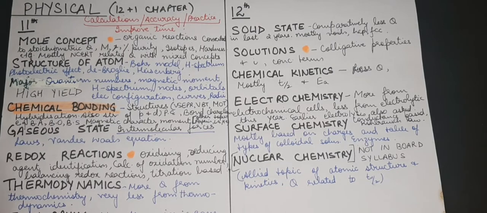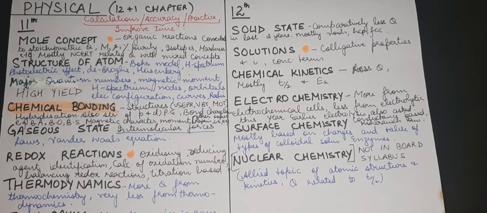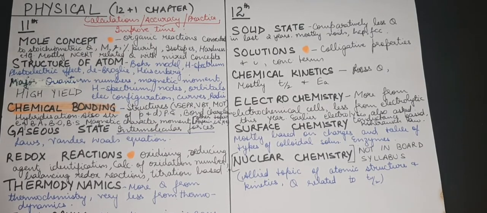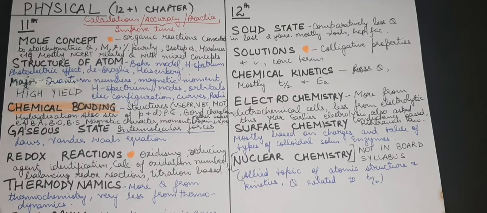Now, equilibrium. In previous years there used to be high yield questions from chemical equilibrium, but in the last 2 years I've observed more questions have been asked from ionic equilibrium than chemical equilibrium. And ionic equilibrium is a chapter which needs a lot of practice. So if this chapter is not very strong with you, then I would suggest that you work on the basic questions from equilibrium.